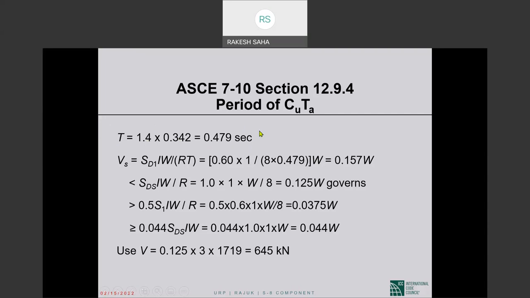Okay. So based on that period, C sub U, T sub A, the static base shear comes to 0.157 W by that formula. The upper bound is 0.125 W, so that governs. The minimums do not govern. Okay, so our static base shear is 0.125 times the 5157 number, which is 645 kilonewtons.